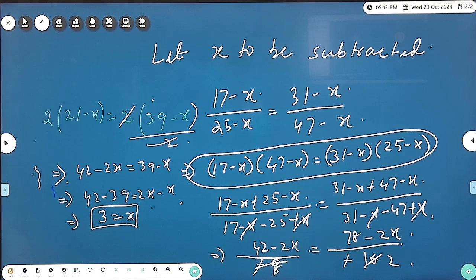Manjita and Pooja Kumari, is my voice audible? Yes sir. That question I have just now solved. Okay, next, solve practice problem question number 5.